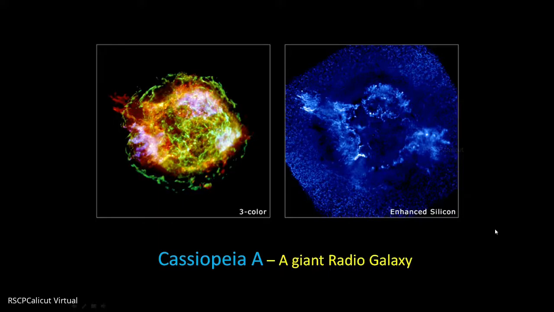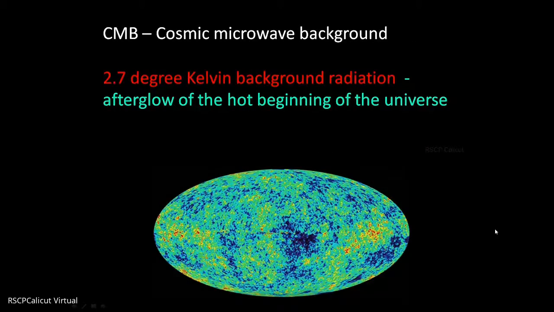These are the optical image, infrared image, and radio image of the giant radio galaxy, Cassiopeia A. With radio telescopes, people have found the cosmic microwave background radiation, because it was found that the universe started with a big bang, in the sense that it exploded.